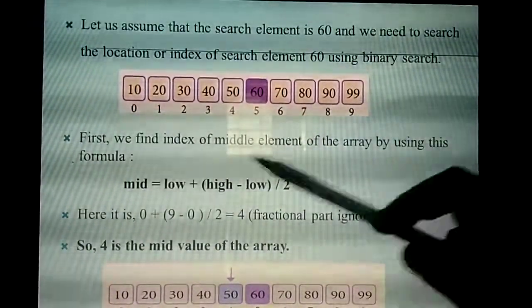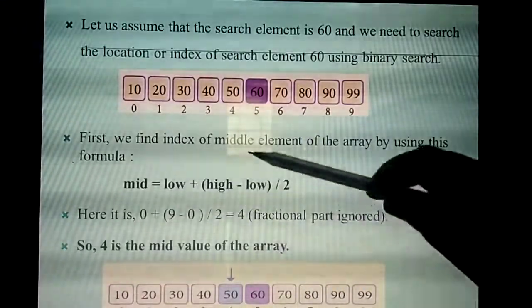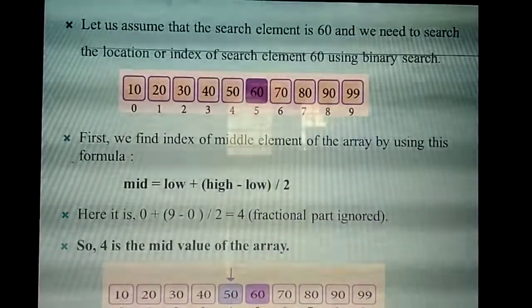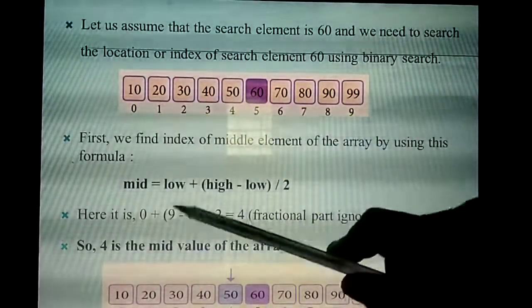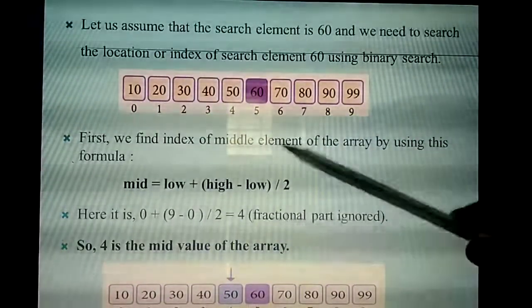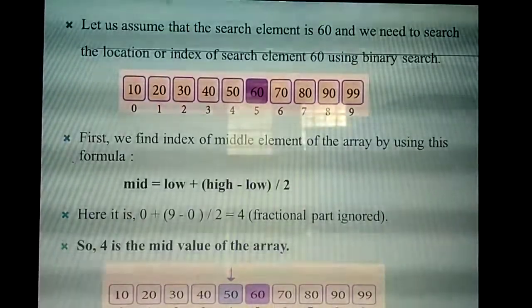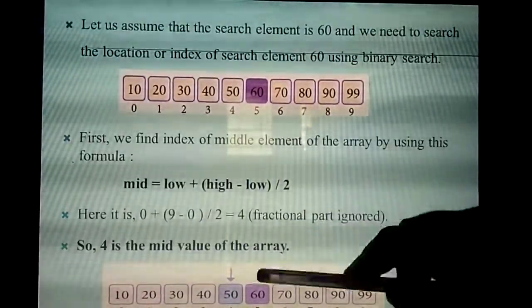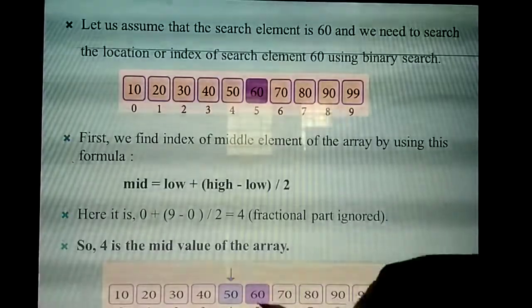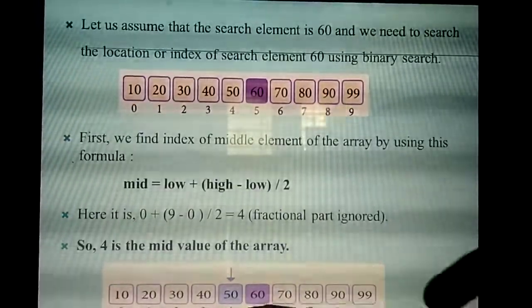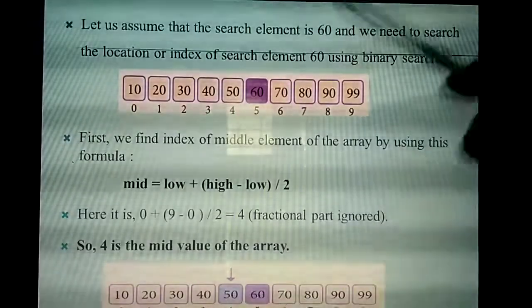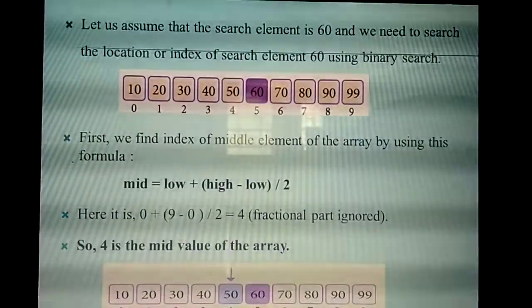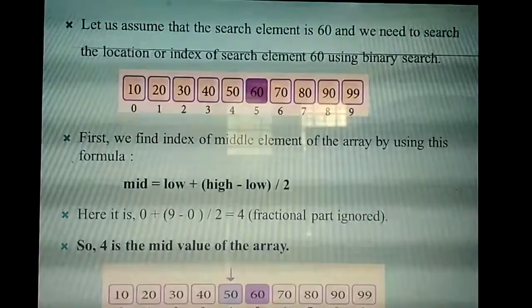So mid equals low plus (high minus low) divided by 2. The lowest value is 0, the highest value is 9: 0 plus (9 minus 0) divided by 2. What's the answer? 4.5. The fractional part we don't need to take, so 4. What's at the fourth place? 50. Does it reach my target value? No.